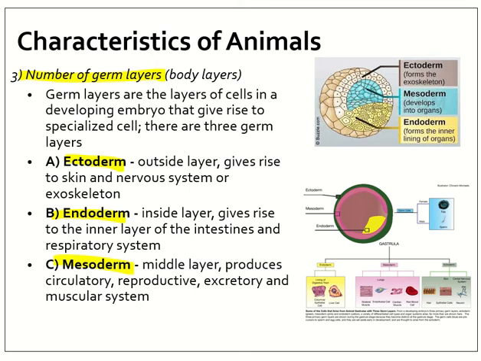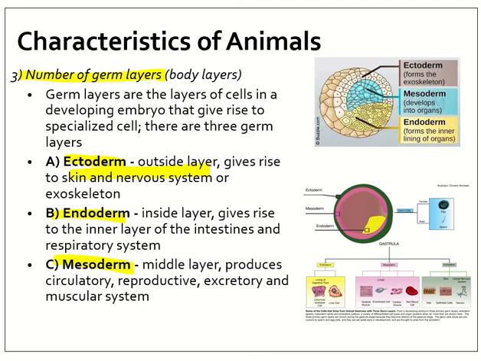So when we're looking at, say, humans or species that are very similar to us, the ectoderm is going to give rise to the outer layer. So your skin and your nervous system, or depending on what species, it could give rise to the exoskeleton. Then you're going to have the endoderm. That's the inside layers. This is where it's going to give rise to the inner lining of your intestinal tract and your respiratory system.